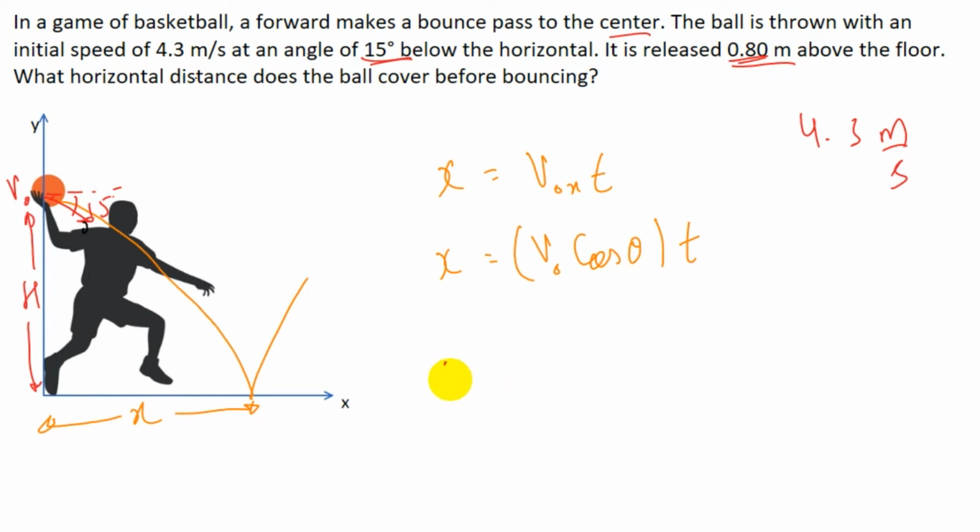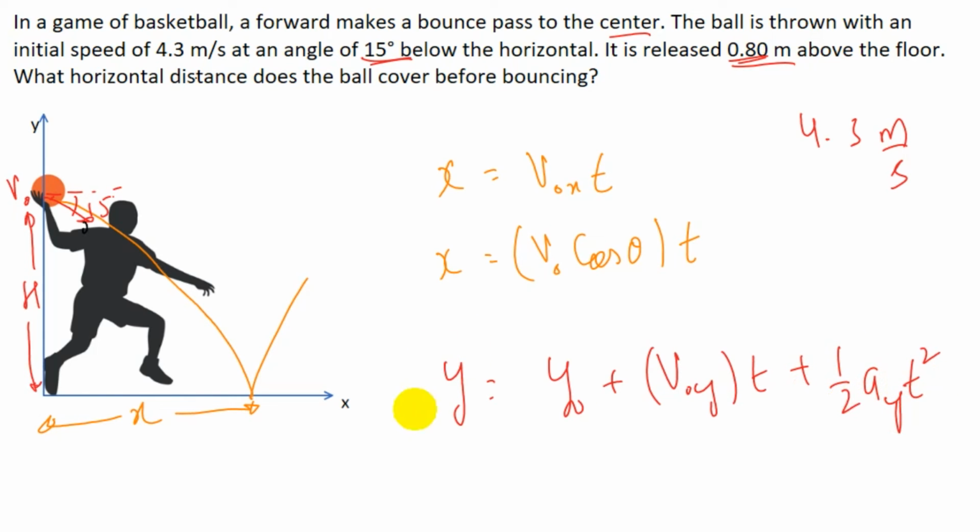For this, we can use this equation: y equals y0 plus v0 y times t plus 1 over 2 a y t squared. Now the final position becomes 0. So here this is the final position, it becomes 0. Initial position we have h, which equals 0.80 meter, plus v0 y. Now v0 y is in the downward direction. This is v0 y, which equals v0 sine theta.